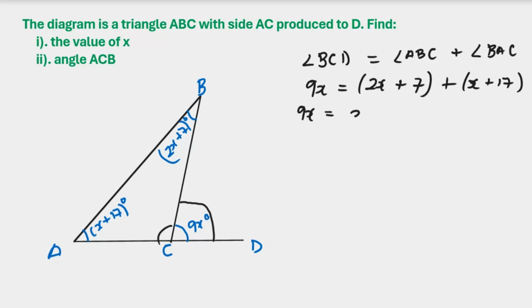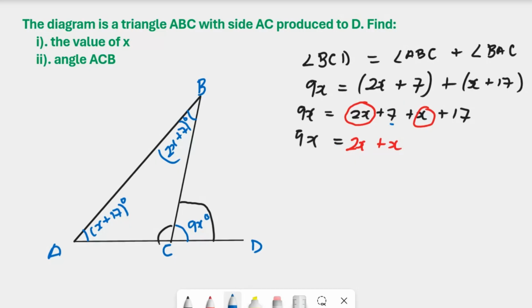So this is going to be 2x plus 7, x plus 17. We have to group like terms. So this is 9x equal to, so 2x and that of x, they are like terms. So we have 2x plus x.